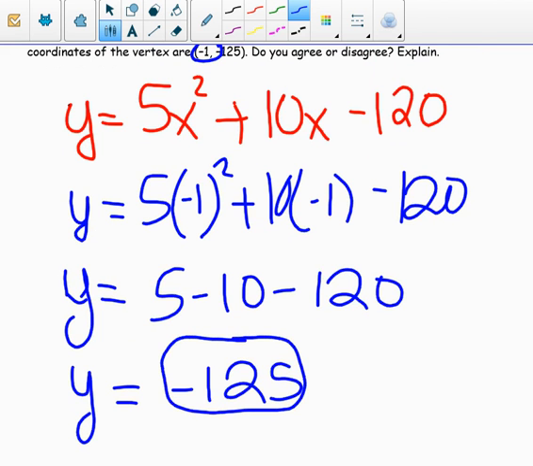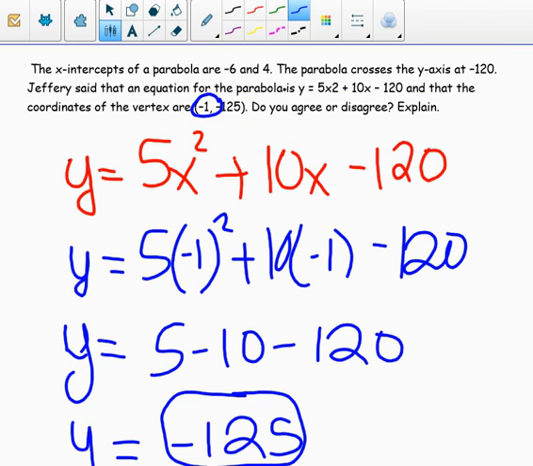So the answer is that we do agree, because the vertex is on the parabola, -6 and 4 are the zeros, and the parabola crosses the y-axis at -120. So we do agree that Jeff is right.